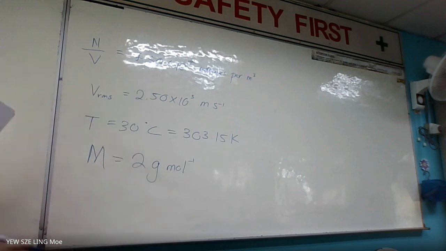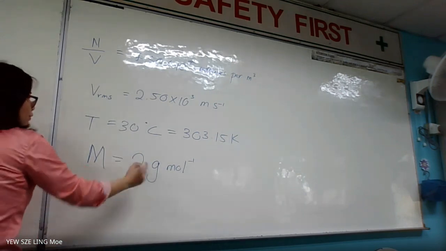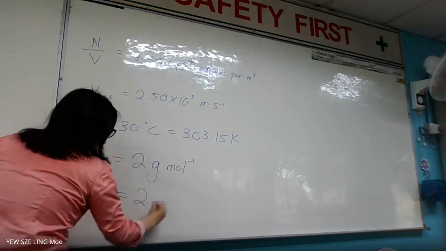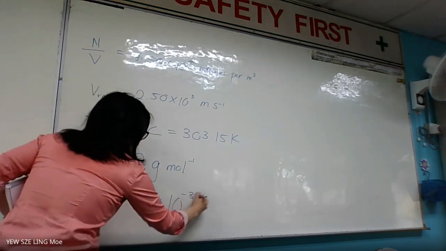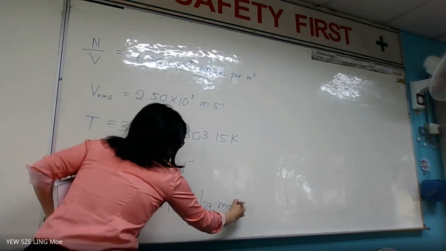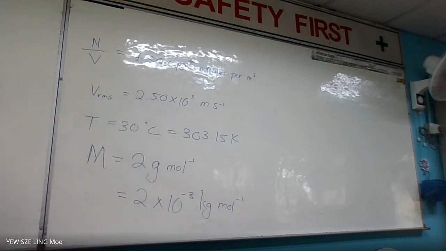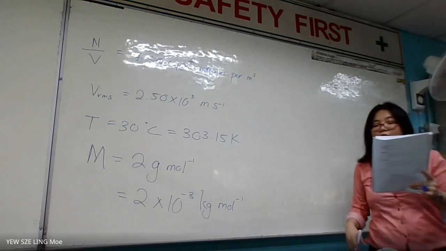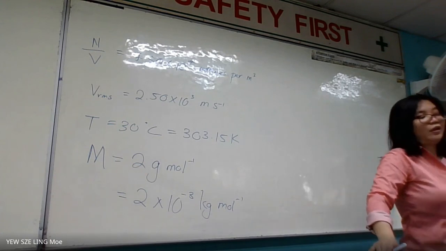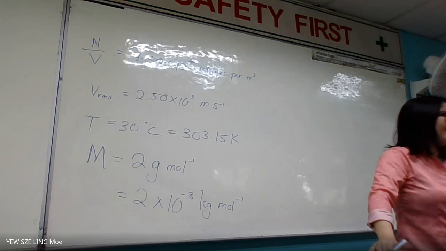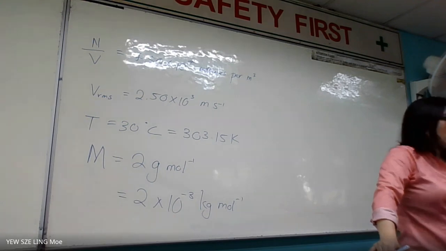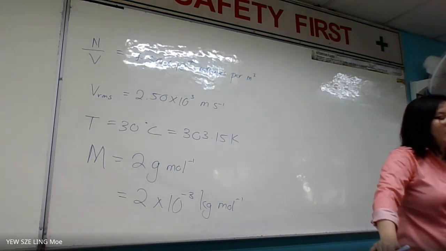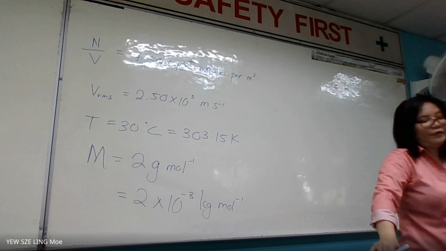Once again, the unit is in gram per mole, so we need to change it into kg. So 2 times 10 to the power of negative 3 kg mole negative 1. The Avogadro number, as usual, is 6.02 times 10 to the power of 23 mole negative 1. And the Boltzmann constant k is equal to 1.38 times 10 to the power of negative 23 joule per Kelvin.